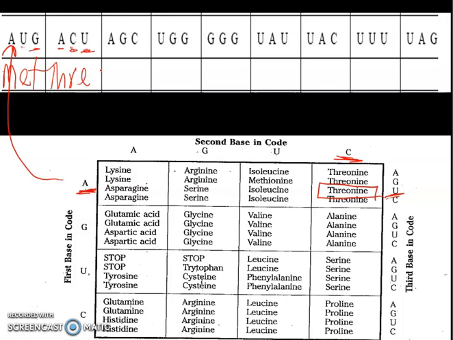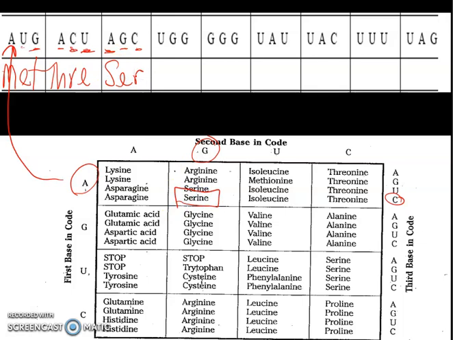Let's try one more. A, G, C, right, A, G, C. Right here, serine.